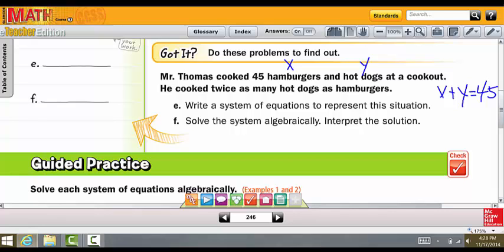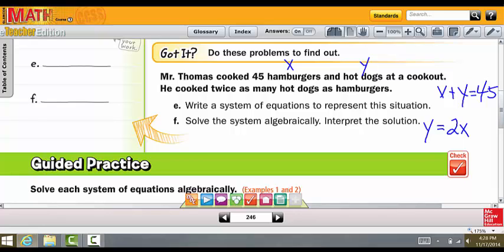Then also they say he cooked twice as many hot dogs as hamburgers. So twice as many hot dogs would be y, hot dogs, equals 2 times the hamburgers. So we have y equals 2x.